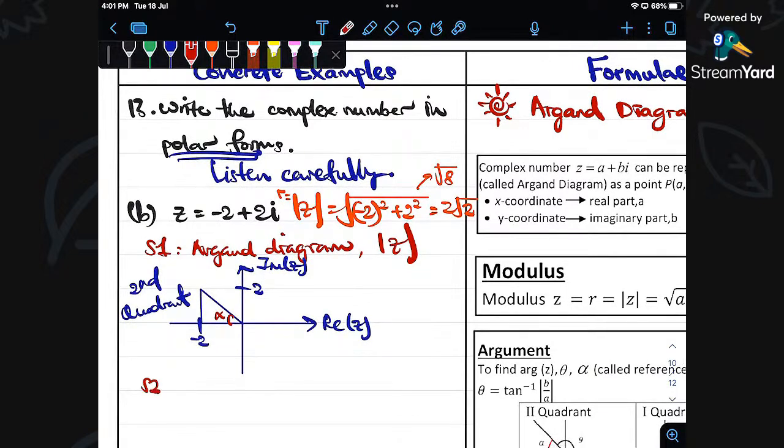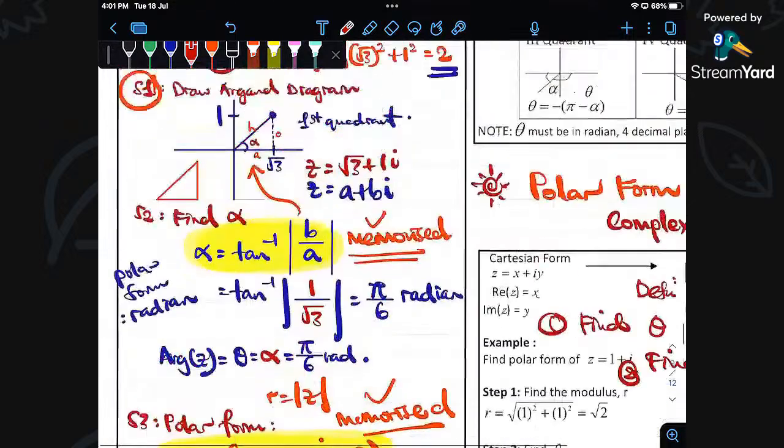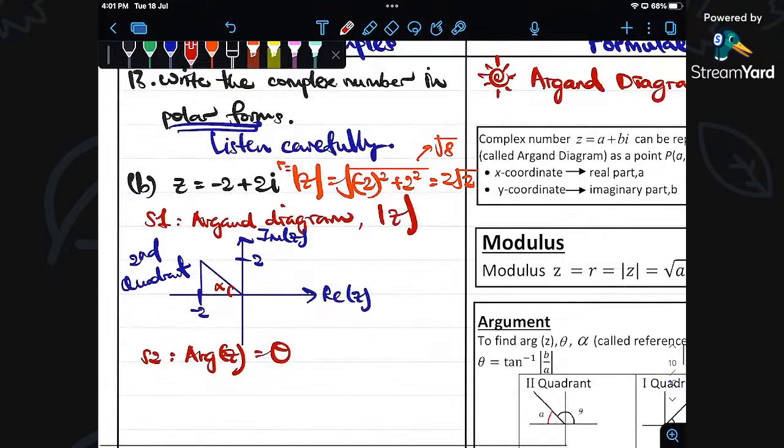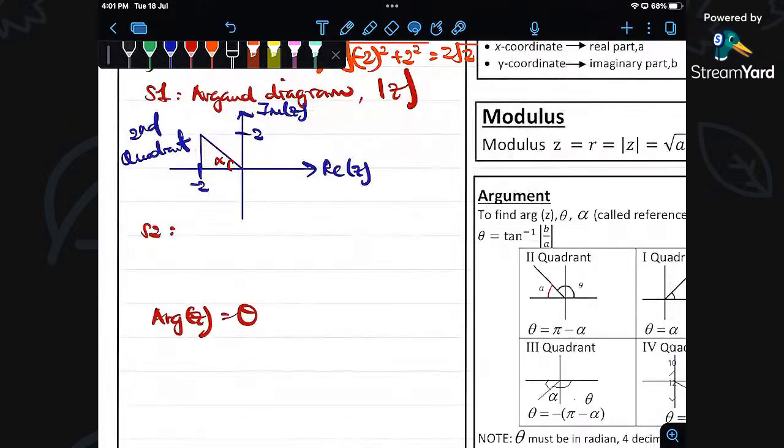So second step adalah, di second step ni lah kita kena cari argument Z ataupun ia disebut sebagai theta. Theta adalah jawapan yang kita nak carilah. Just now I said find alpha kan? Yeah, true. Find alpha step dia lah memang sungguh-sungguh kita cari find alpha dulu.